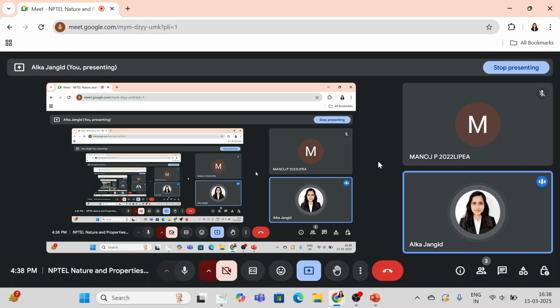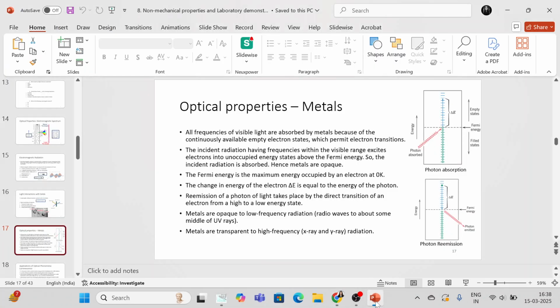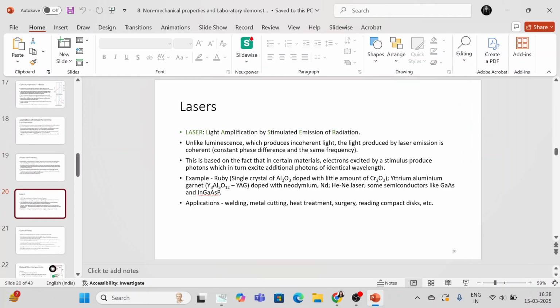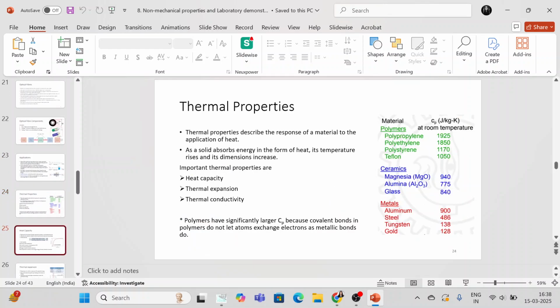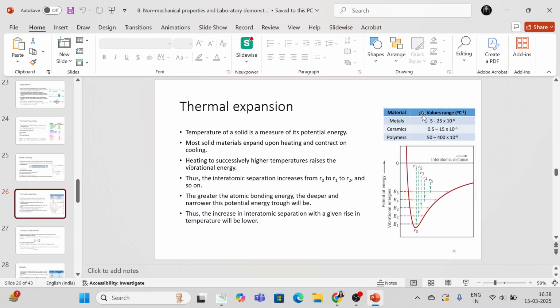Some of the examples, such as in today's class, the examples of diamagnetic materials or the formula for the Lorentz constant, these types of formulas can be the possible questions. For example, the definition of heat capacity, or which materials have higher heat capacity.